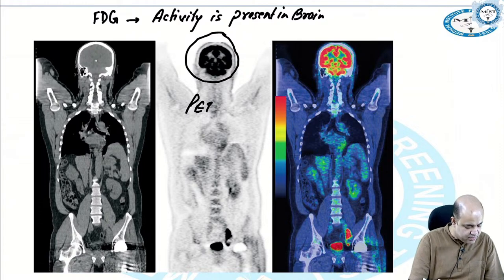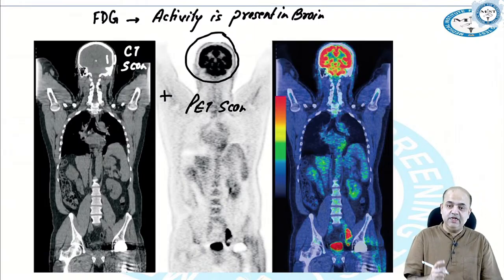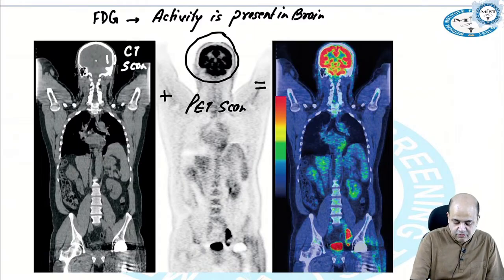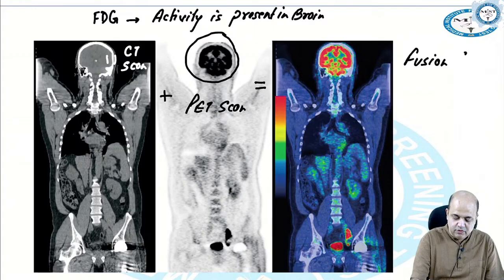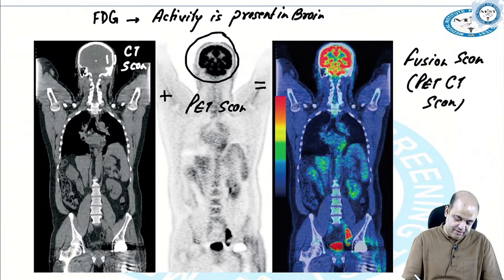This is a white bone, this is a CT scan. If we combine both, CT plus PET scan, it becomes a fusion scan, that is a PET CT scan.